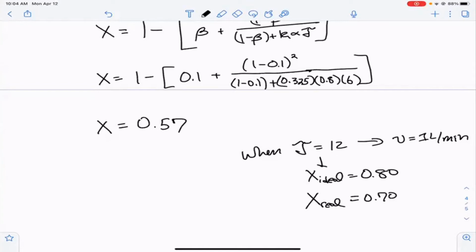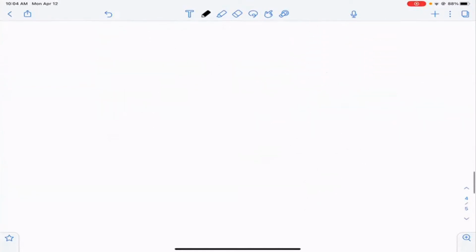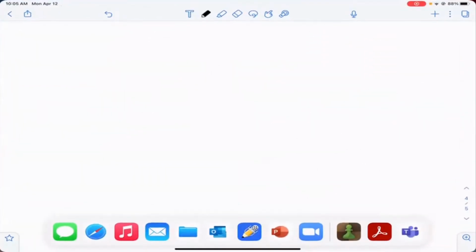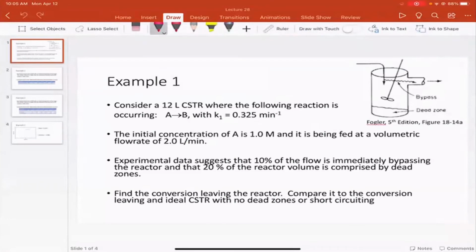Now, at the beginning of this problem, we were told alpha and beta, essentially. If we look back at the problem statement, we were told that that's the dead volume, and that is the portion that bypasses the reactor. But how do you find that? I think that's a really logical question. The most common way to do this is to use a tracer.